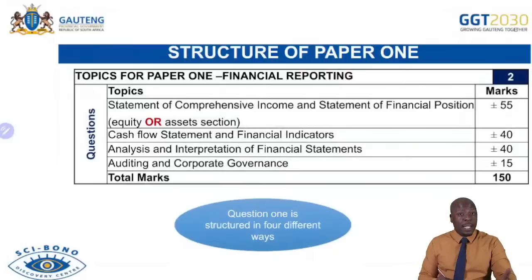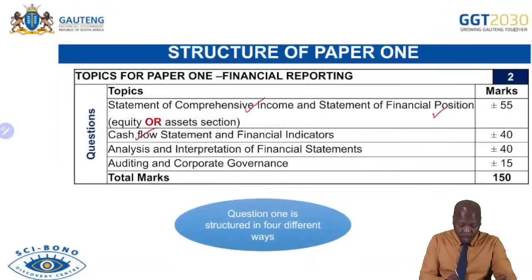But the second option that can be exploited is the statement of comprehensive income and the statement of financial position. So here now, we are not having the calculation of correct net profit. You will realize that your other questions remain the same.